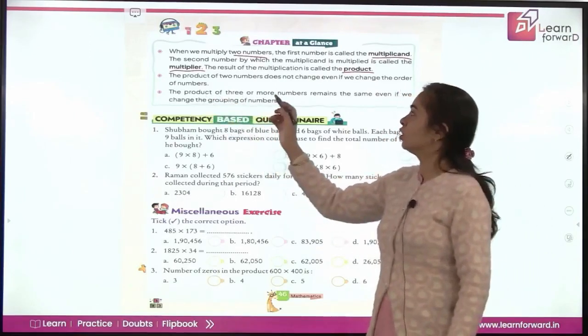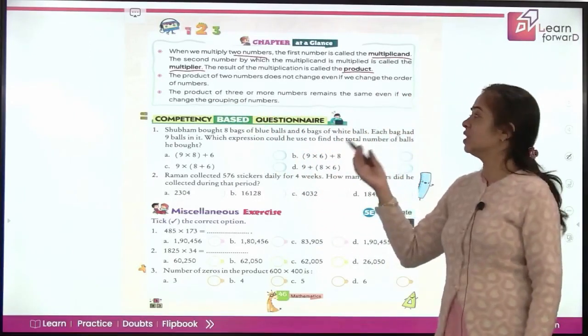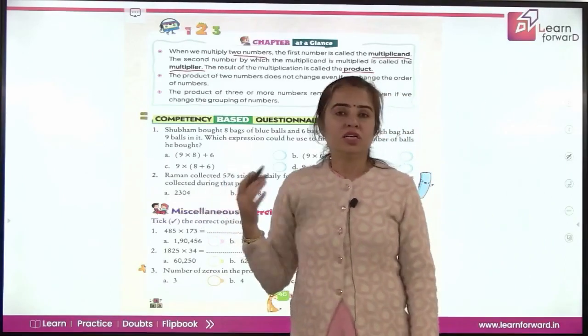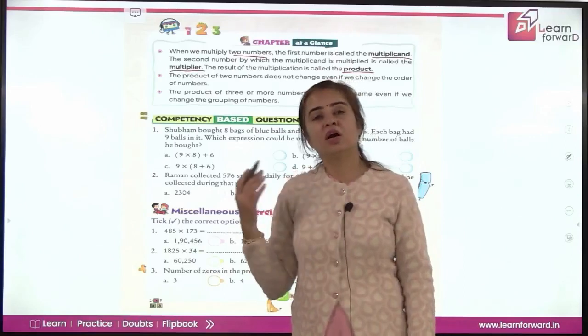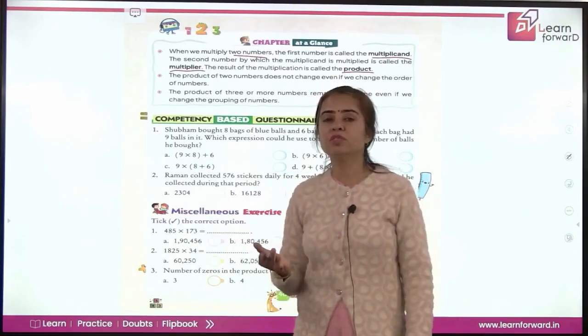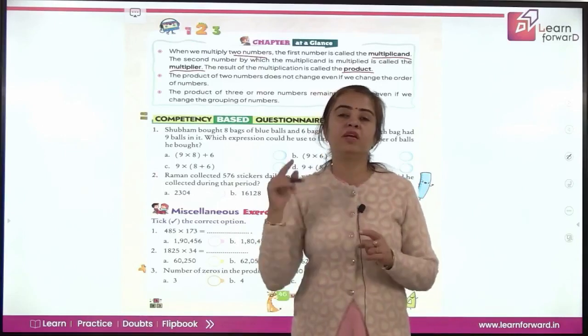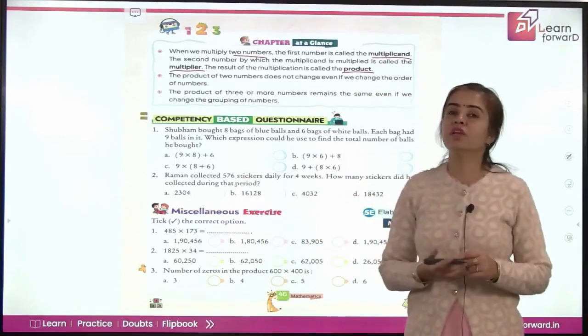Next, the product of 3 or more numbers remains the same even if you change the groups. Just like in addition, the changing of groups does not change the sum. Similarly, in multiplication, if you make different groups, the product will remain same.